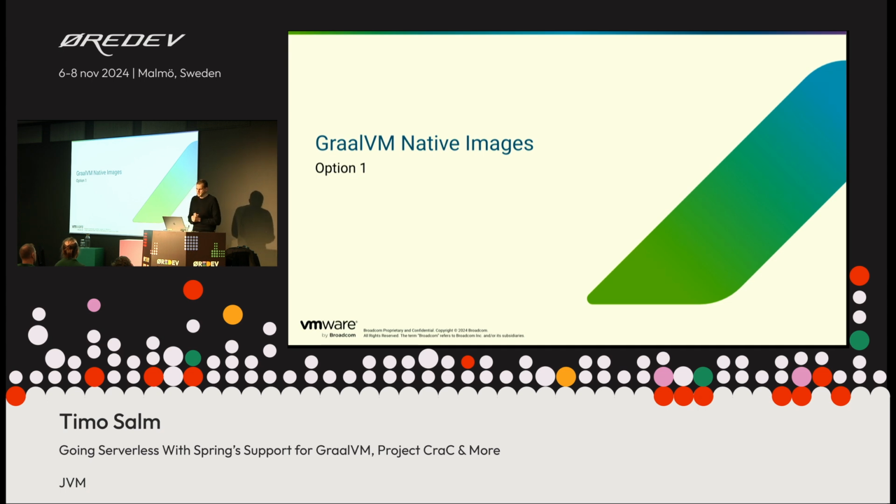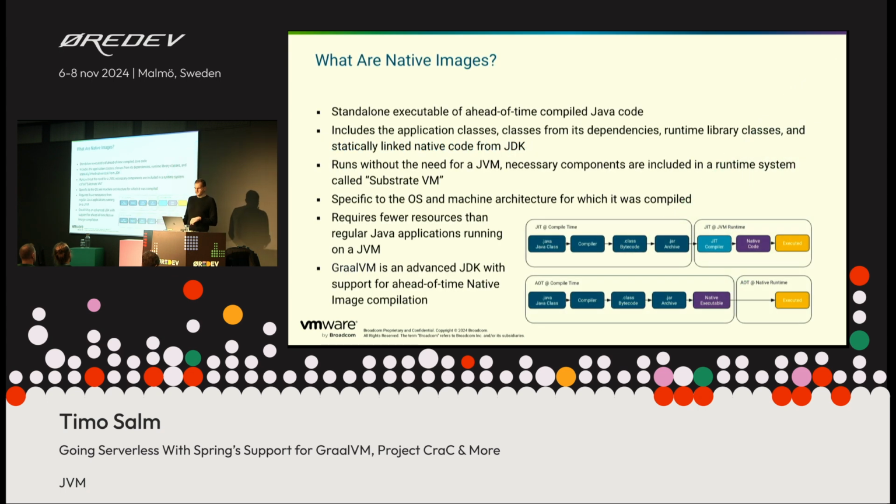And the first technology, nearly all of you have already heard of, is GraalVM native images. It's currently heavily pushed in the last few years by Oracle as an OpenJDK variant, where in addition to all the functionality of the JDK, it also has the capability to build native images, which are really executables that are compiled for a specific operating system.